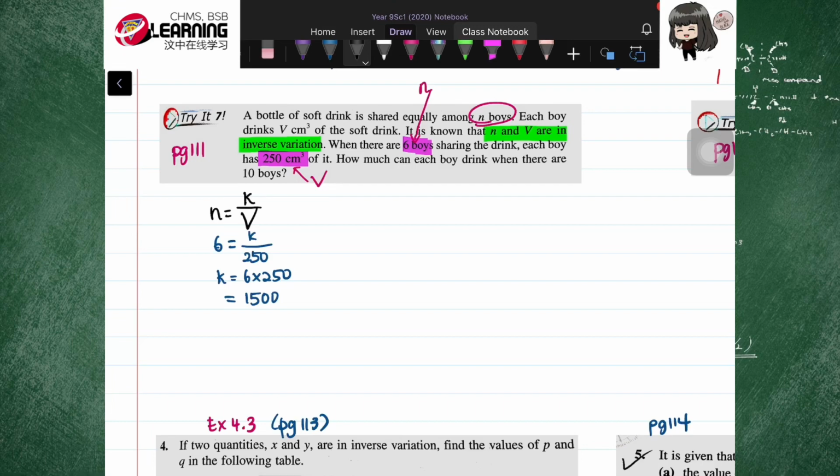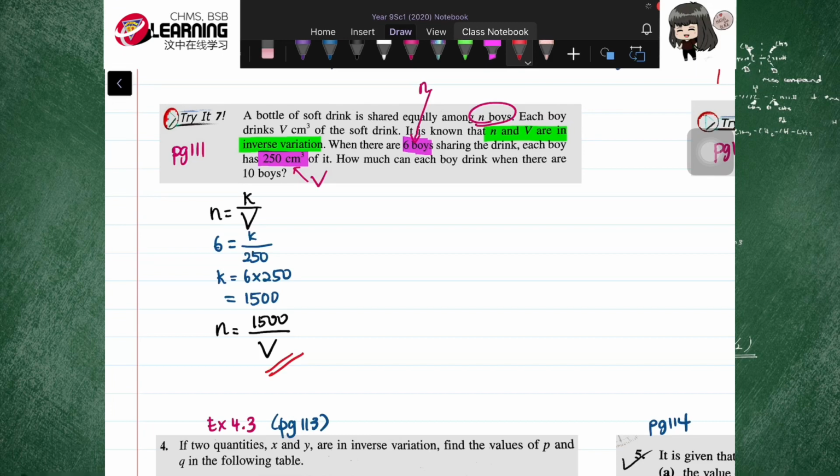So k is 1,500, and now we have our equation: n equals 1,500 over v. Please note that sometimes the question will ask you to find the equation. If they do, you need to find the k, and this is the answer.